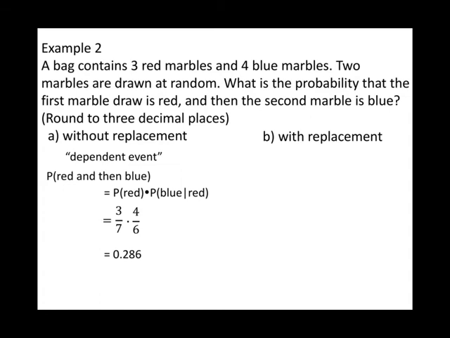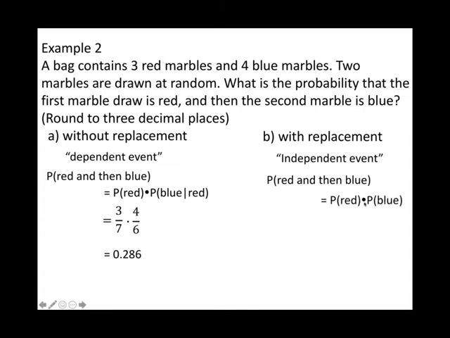Okay, B, with replacement. With replacement means after I pick the first red marble, I'm going to put it back. And then I'm going to draw the second marble. So think about it. Is it a dependent event or an independent event? That will be independent, right? Because the second marble isn't affected by the previous one. So apply the formula.